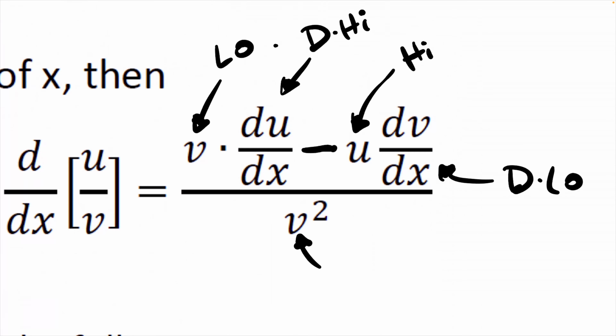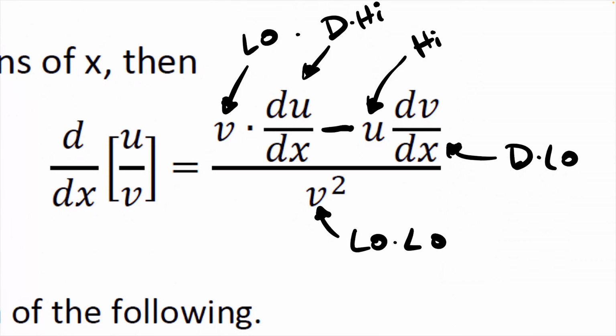D low. Low d high minus high d low over low low. Okay? If it helps, it helps. Low d high minus high d low. Because remember, for this one, order is going to matter. So if we accidentally get them mixed up, it's going to make a big difference. So that's what we'll finish tomorrow. We'll finish this tomorrow and then go from there.